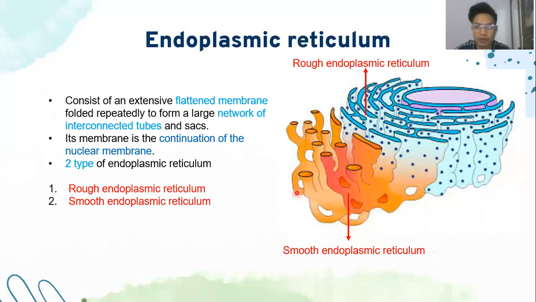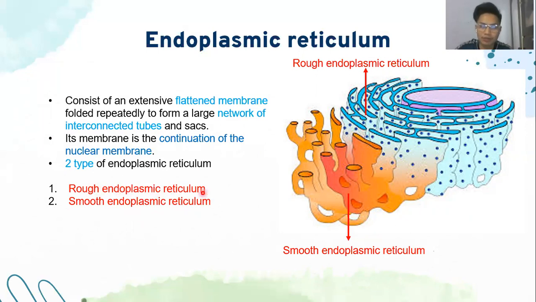Next, we will talk about the endoplasmic reticulum, which consists of extensive flattened membrane folded repeatedly to form a large network of interconnected tubes and sacs. Each membrane is a continuation of the nuclear membrane, and the endoplasmic reticulum has two types: rough endoplasmic reticulum and smooth endoplasmic reticulum.